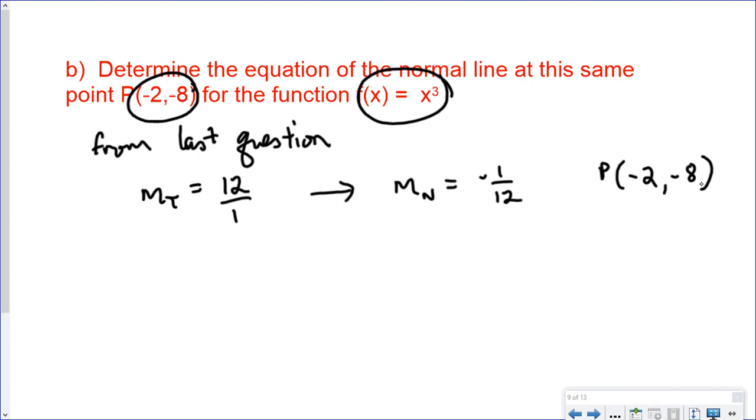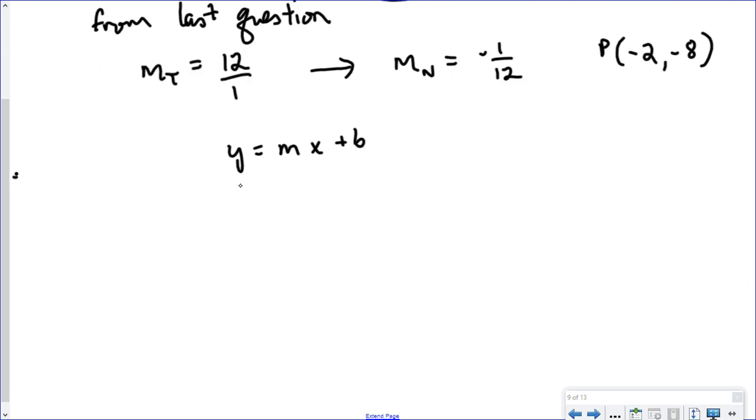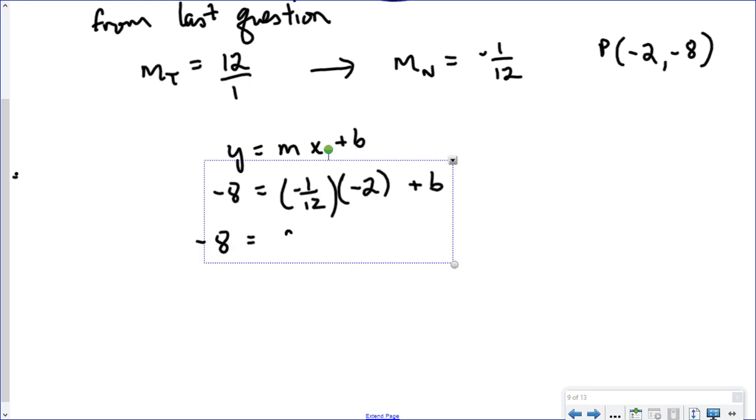Okay, so now I just go through the y equals mx plus b thing again, but with a different slope. So y equals negative 8. My slope is negative 1/12. My x value is negative 2, and I have to solve for b here. So that'll be 2 over 12 plus b, equals negative 8.